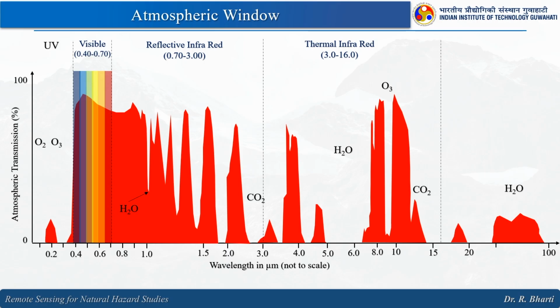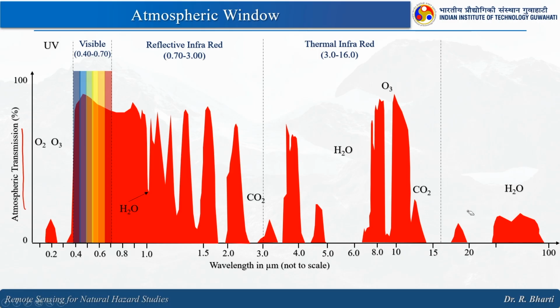Now, this particular slide is just refreshing the concept of atmospheric window. I hope you remember the atmospheric window. Here we discussed what is the atmospheric transmission and how the different wavelengths are behaving in our atmosphere, right.